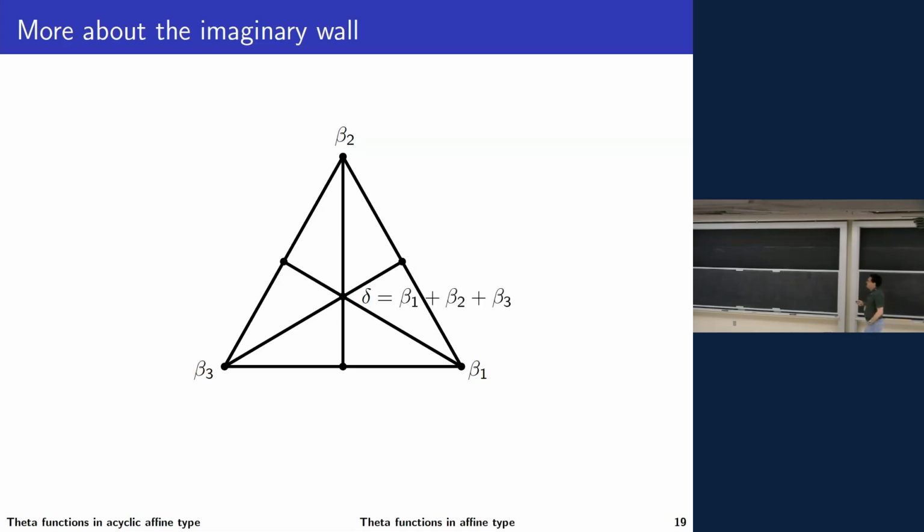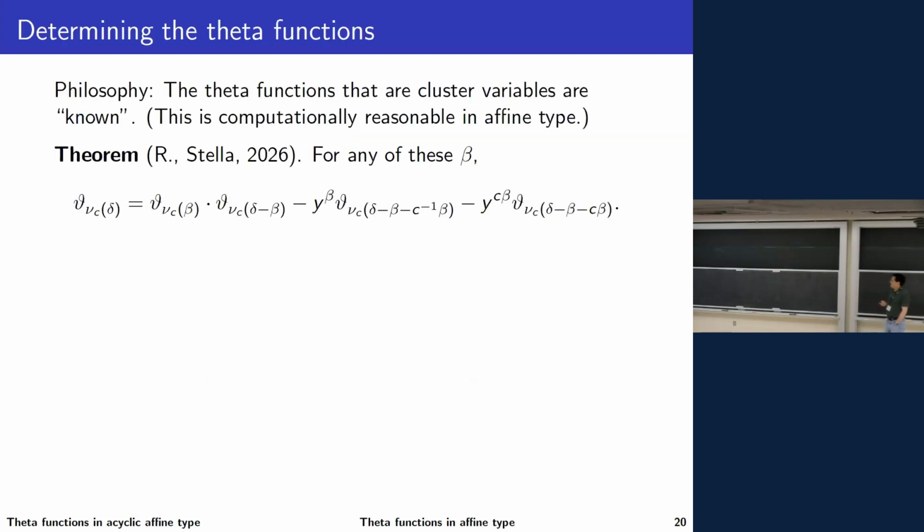So delta is the sum of these 3 things. The action of the Coxeter element is cyclic on these 3 things. So also, it's a triangle, but that's because somehow the sum of beta 1 and beta 2 is just right on that line. So we're seeing it as a triangle, but there it is. Okay, and so this beta 1 plus beta 2, for example, is delta minus beta 3.